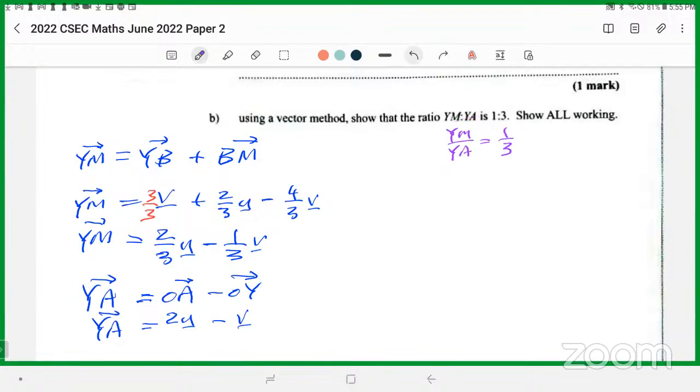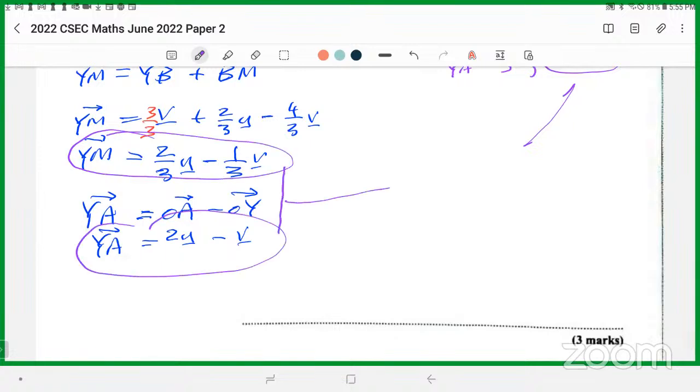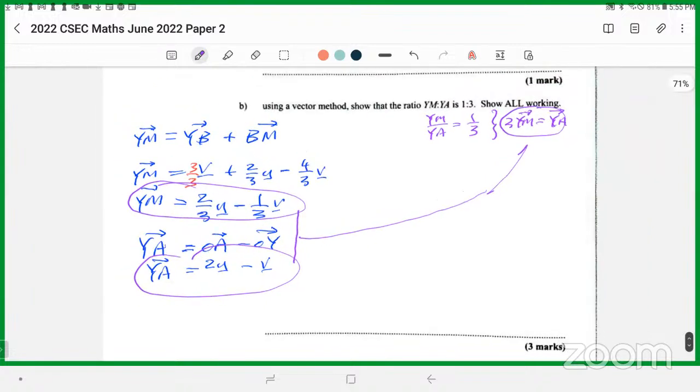If I cross multiply the 3 up here, then this really came from 3YM equals YA, if we're working in reverse. So it came from this. You're supposed to get this from these two vectors. This and this are supposed to combine and give you that up there, so that you can get to that ratio.